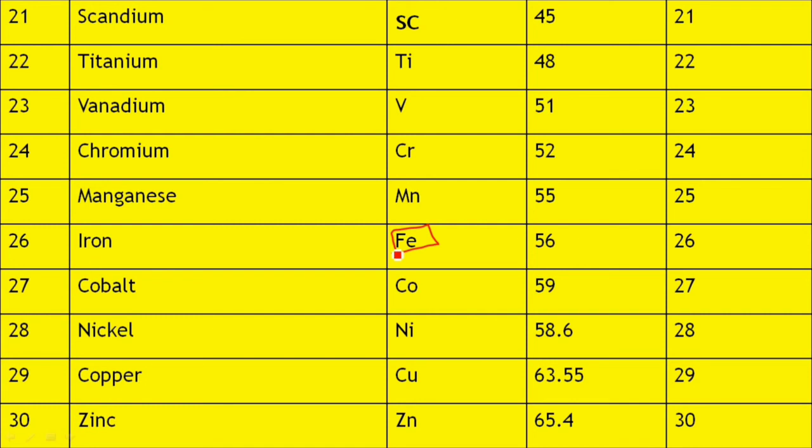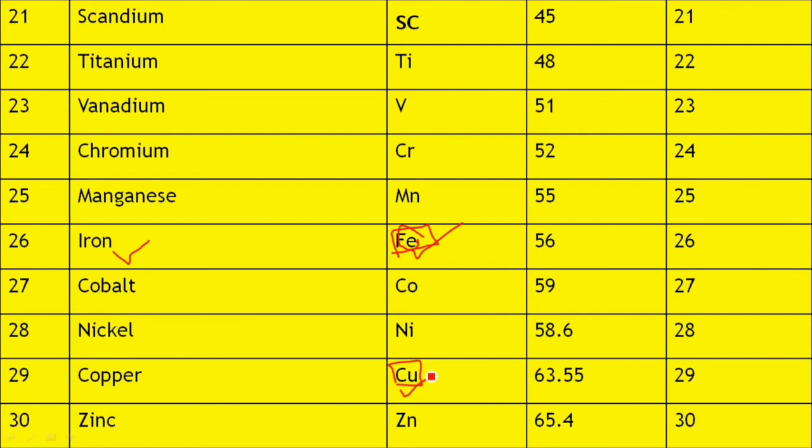So they put Fe and we call it iron. Next, copper. There is Copp here, but they put Cu. Why did they put Cu? Because it is cuprum. So they put it as Cu. I think you can understand.